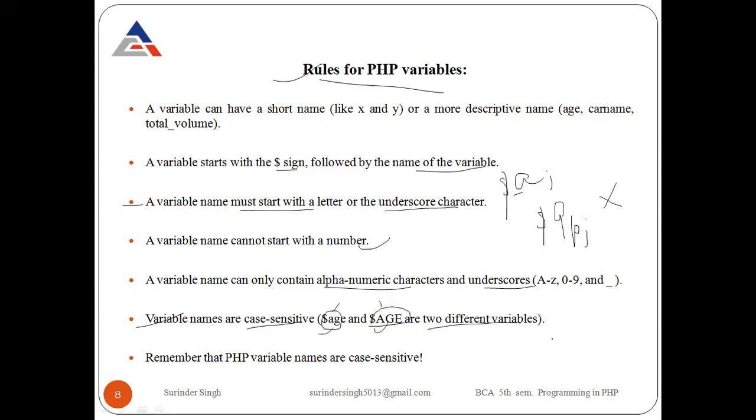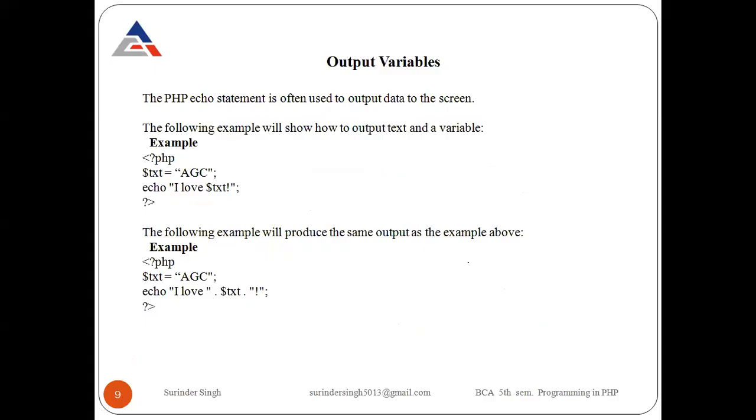Moving to the next slide. For output, or for printing a variable's value, the PHP echo statement is often used to output data to the screen. Echo means print, display.